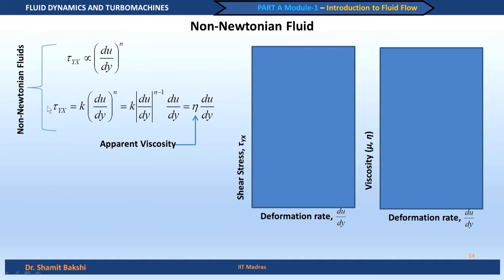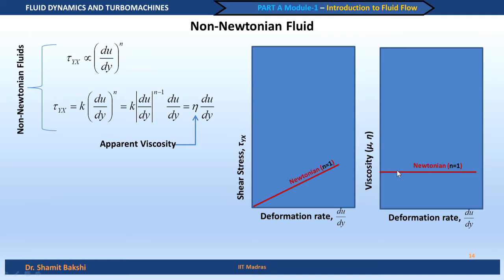Once we have written the equation in this form, that tau yx is equal to eta into du by dy, eta will become the slope of the curve which plots tau yx with du by dy. So, if you consider a Newtonian fluid, which is the simplest situation, that is n is equal to 1, the variation is linear, which is shown by this red line.